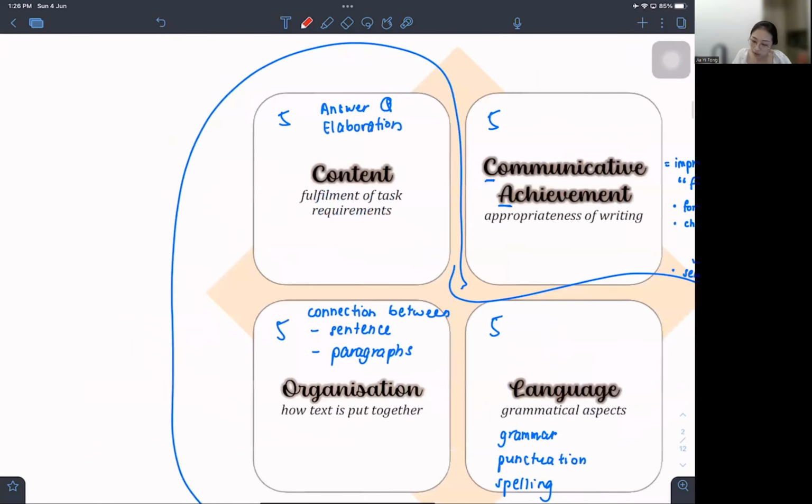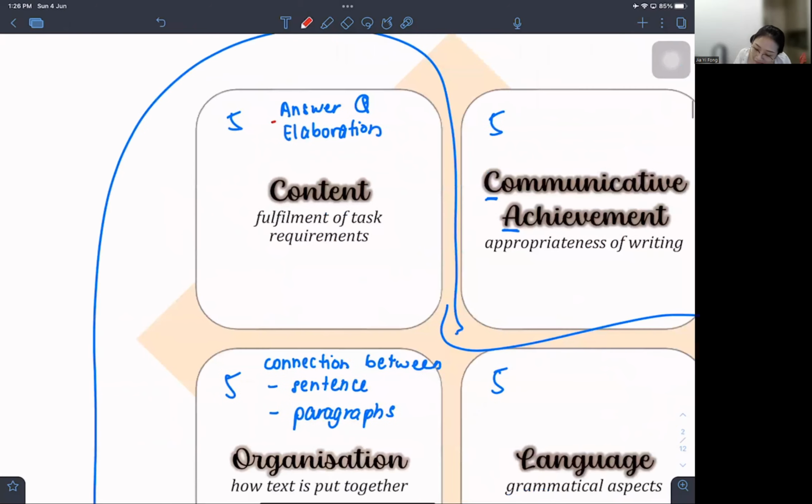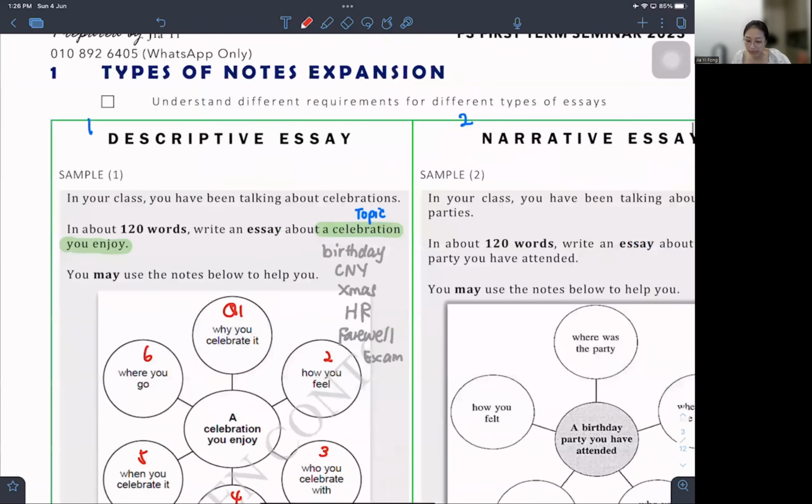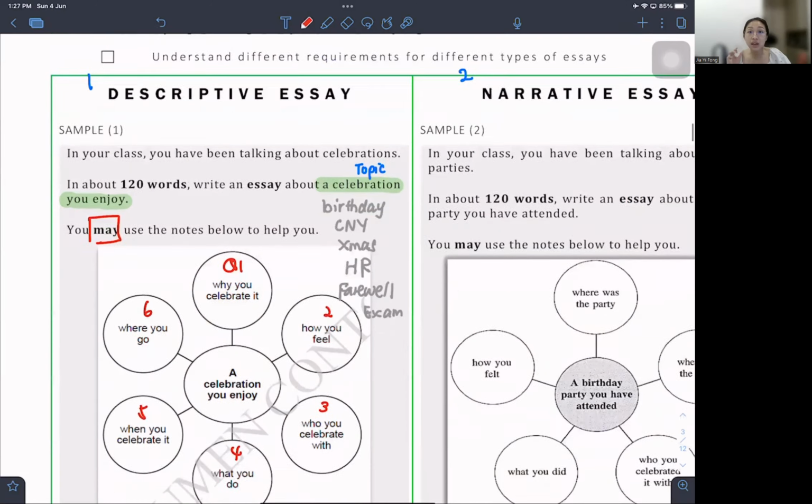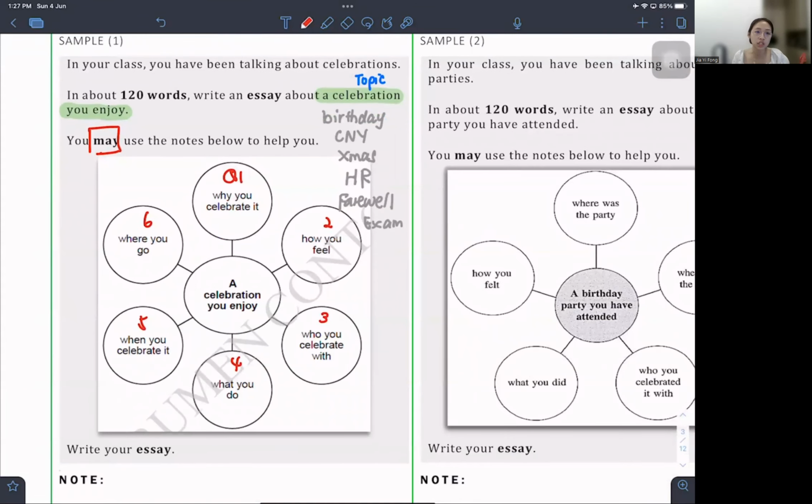If you don't answer the question, you are not going to get full marks for your 5 marks, even though your exam question is telling you you may use the notes below to help you. Don't trust this. May use means you have the right to use, you have the right to not use, correct or not? But let me tell you the truth. Your teacher is going to give you marks based on these 6 questions. So my advice to you is make sure you answer all 6 questions.